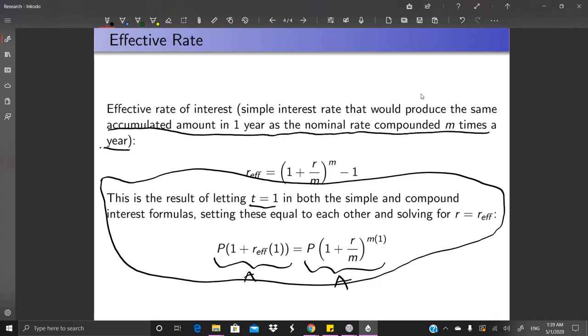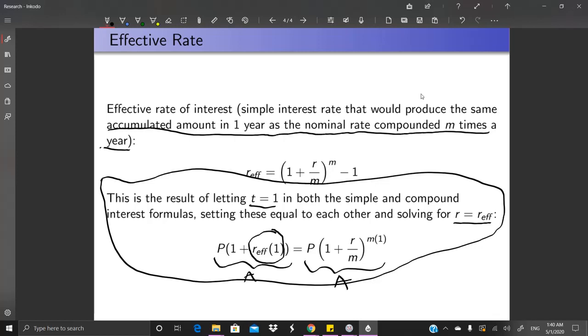But notice the difference is that R sub EFF, the effective rate, is right there. After 1 year, when T is equal to 1 and letting R equal R effective in the simple interest accumulated amount formula here, you would set those two equal to each other.